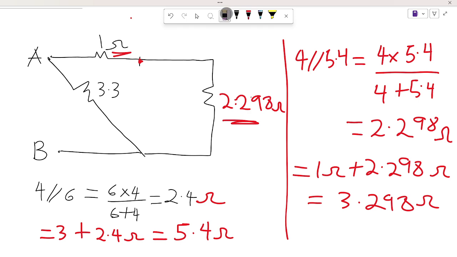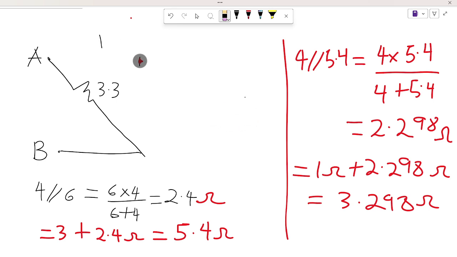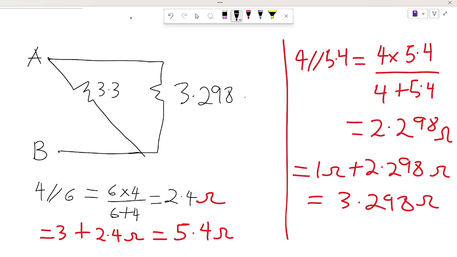Okay, so we can further simplify our circuit to get this, and this is going to be 3.298 ohms. Okay, so there's a presence of a node here.